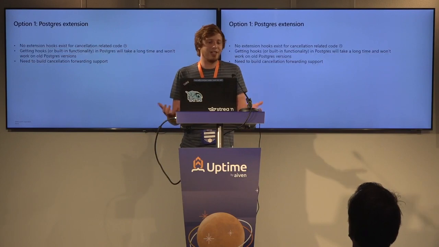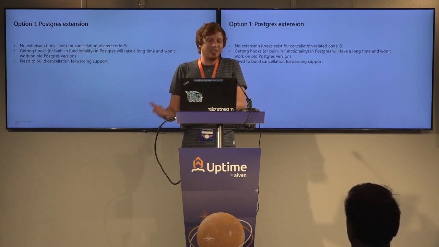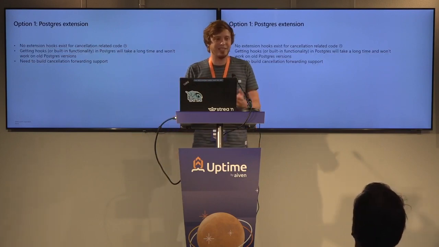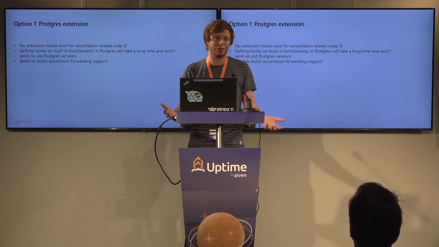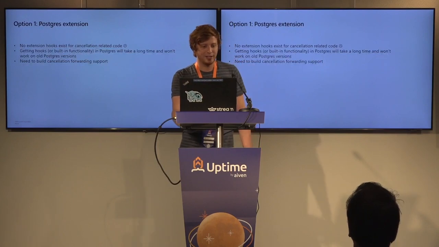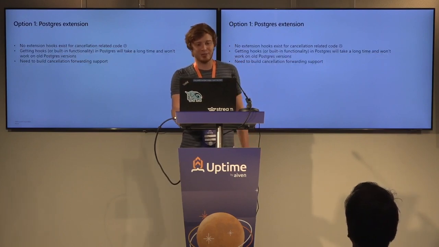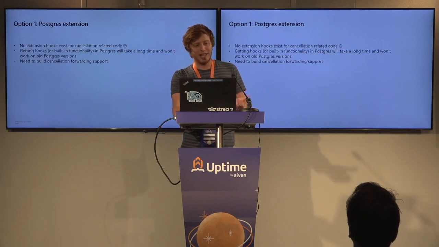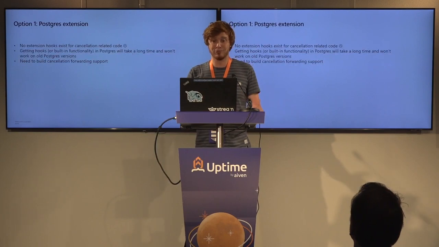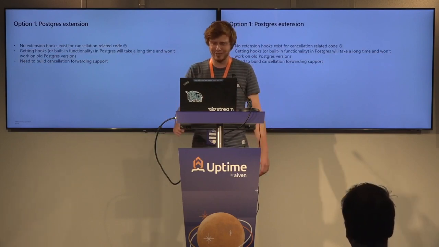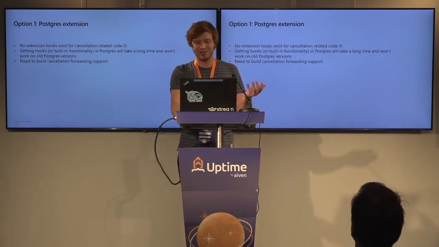And even if you do that and you wait a long time, it still doesn't work for old Postgres versions. And our customers are sometimes not using the newest one. So for us, it doesn't really help that much. Another downside is we need to build this whole cancellation forwarding support into Postgres, which is some work. You'd rather not do any work.